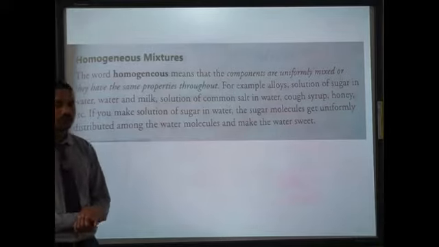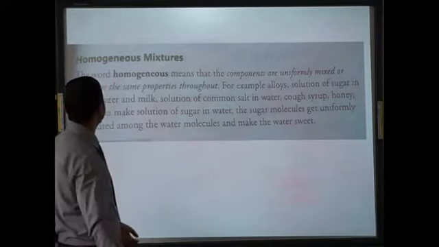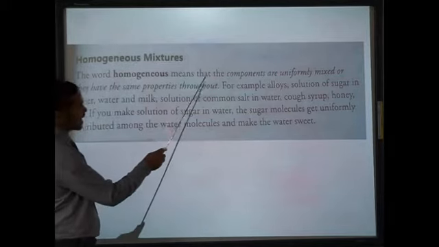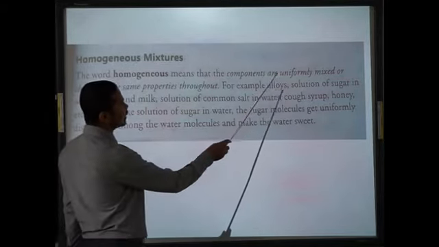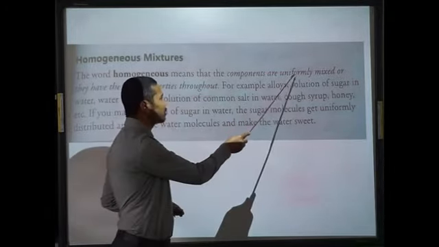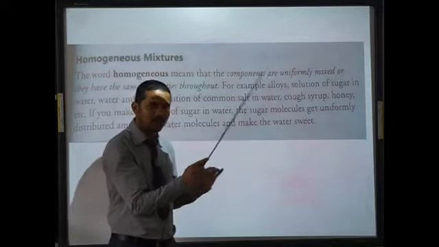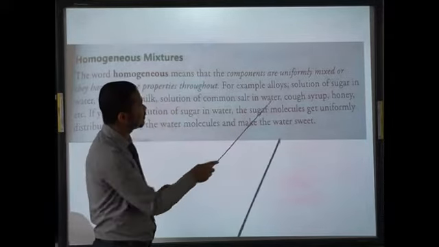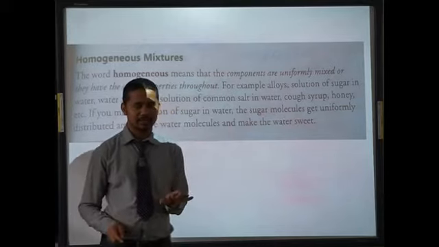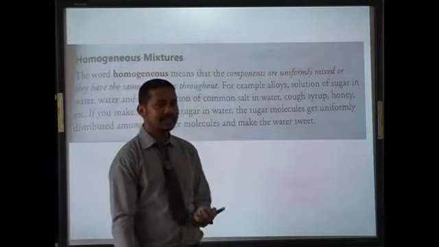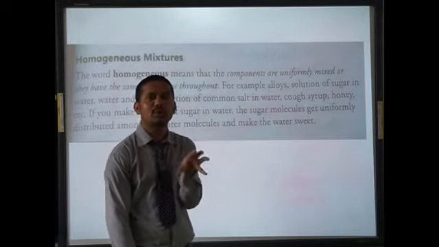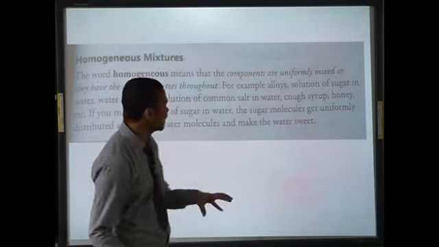The word homogeneous means that the components are uniformly mixed. Mind you, this is a very important word in this definition. Uniformly means it is distributed throughout the whole volume, equally.